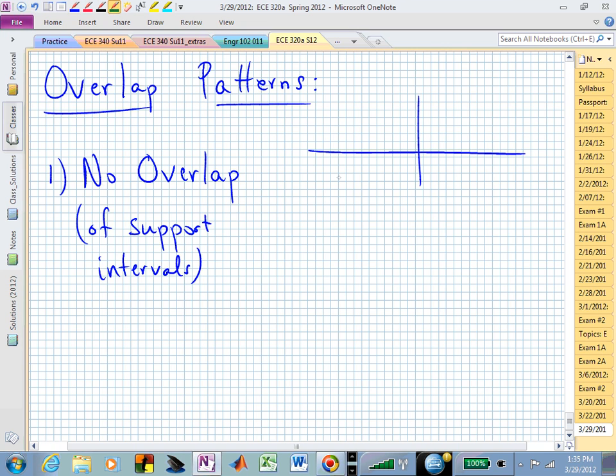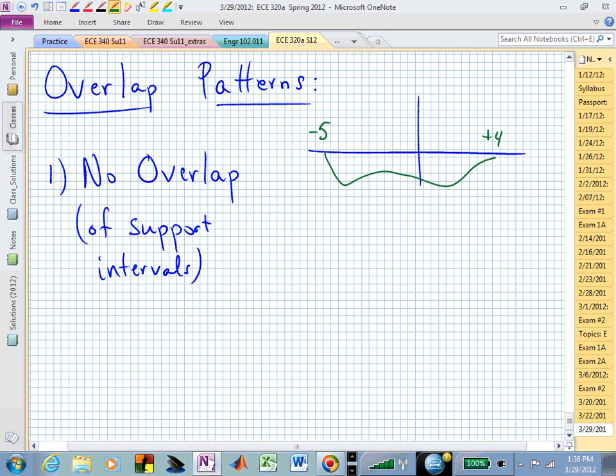If I had a waveform that looked like this, what's its support interval? It's non-zero between -5 and +4. That's the interval of support, or its support interval, even though it's negative. It could be negative or positive. It's just where is it non-zero?